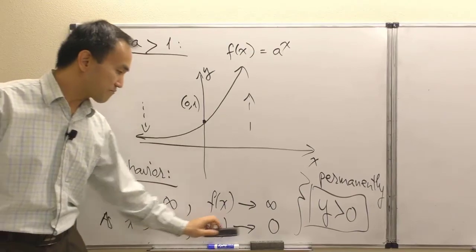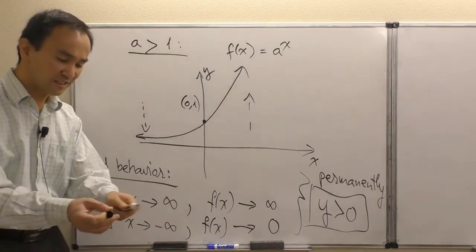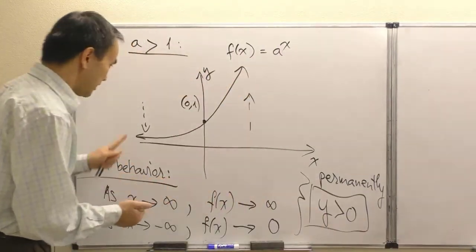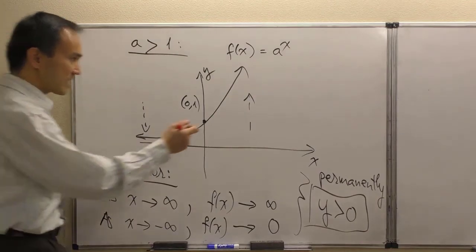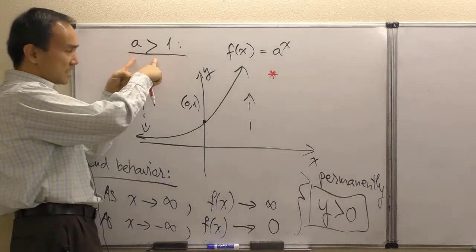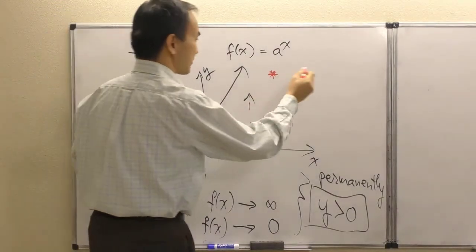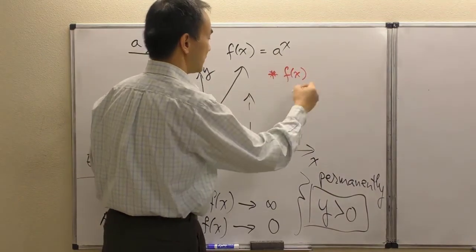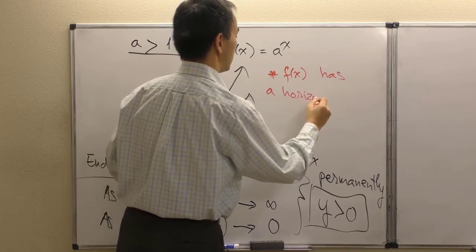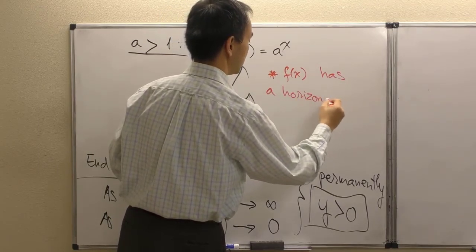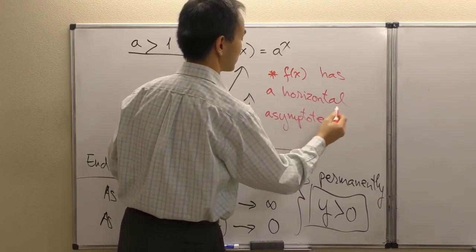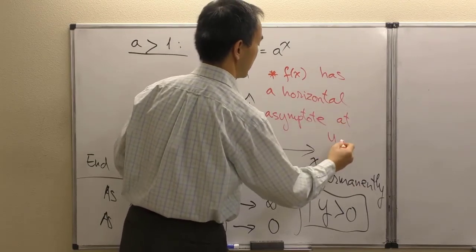Now at this point, we have seen that idea earlier when we were studying rational functions. We can start using that term again. So in this case, we can take a note here. This is an observation: when the base is a value greater than 1, the exponential function a to the x has a horizontal asymptote at the line y equals 0.